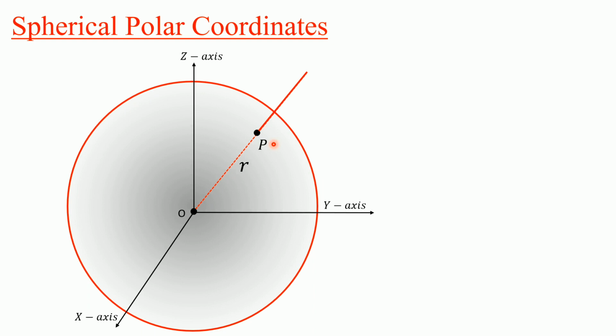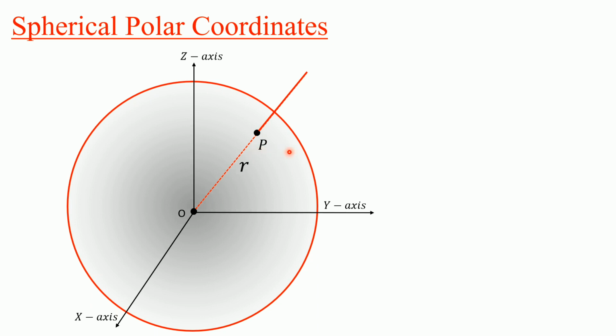This R is the distance between point P and O. Now the point lies on the sphere, but there are infinitely many points on the sphere. We have to give information such that this unique point can be determined.